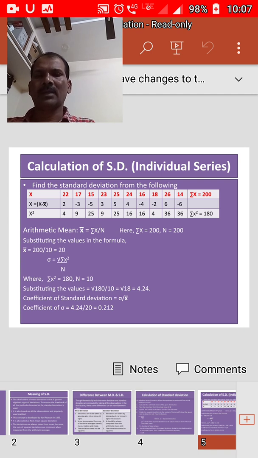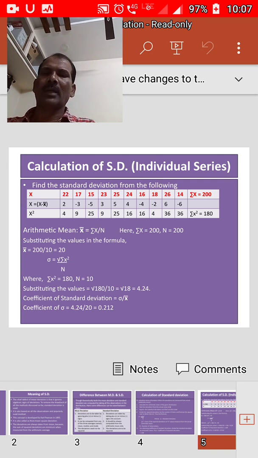Small sigma is equal to under root of sigma x square by n, where sigma x square, the sum of the squared deviations, is 180. N is the number of observations, and there are 10 observations. Hence under root 180 by 10, that is 180 by 10 is 18, and under root 18 is equal to 4.24.